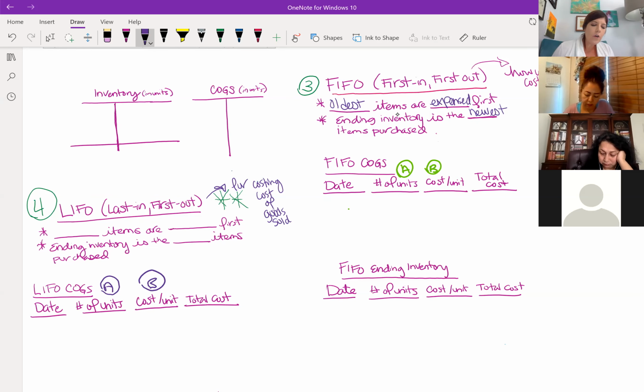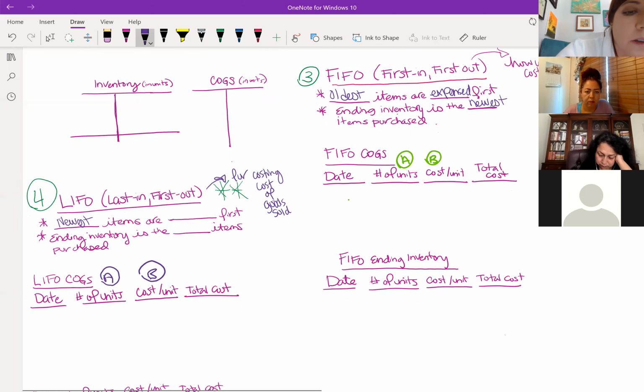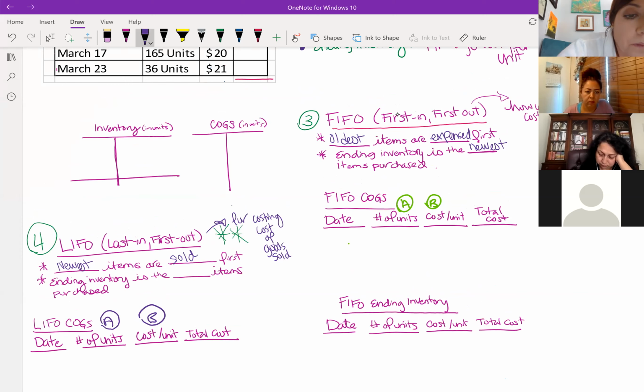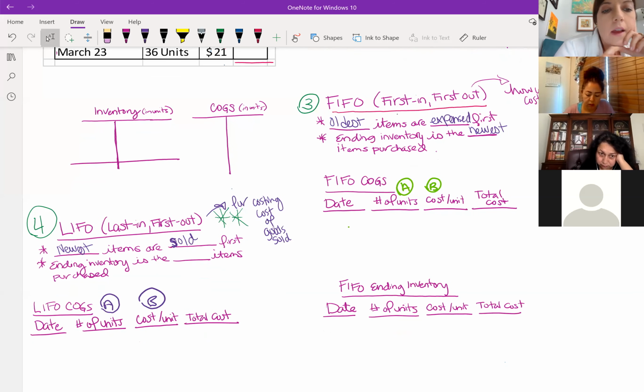With LIFO, we're assuming that the newest items purchased are the first to be sold. Ending inventory is going to consist of the oldest items purchased.